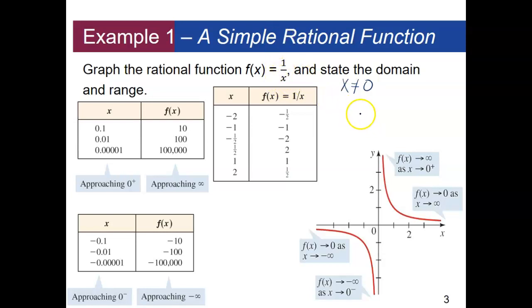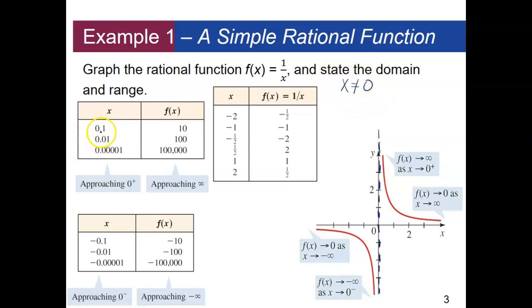So we're going to have a vertical asymptote here at 0. And vertical asymptotes are graphed as dotted lines. Hopefully you can see this dotted line here that I'm putting in. So we have this vertical asymptote to represent this domain restriction.